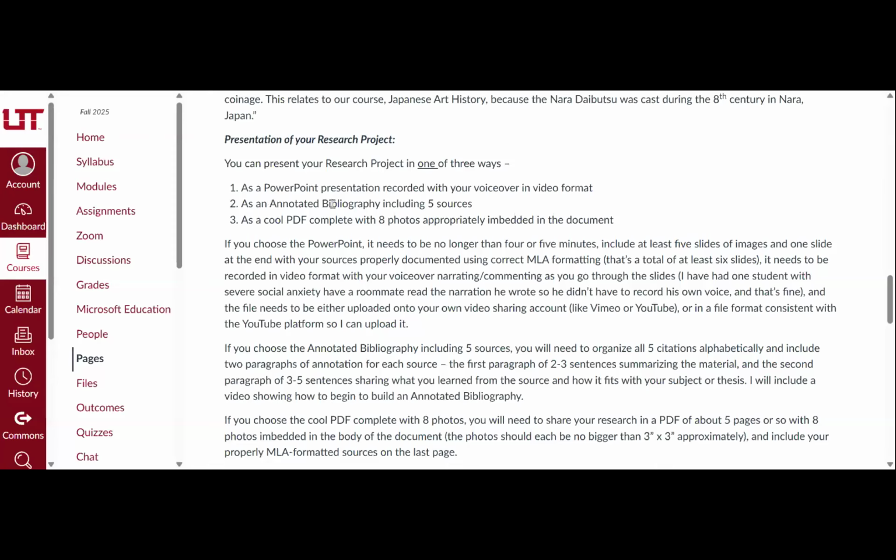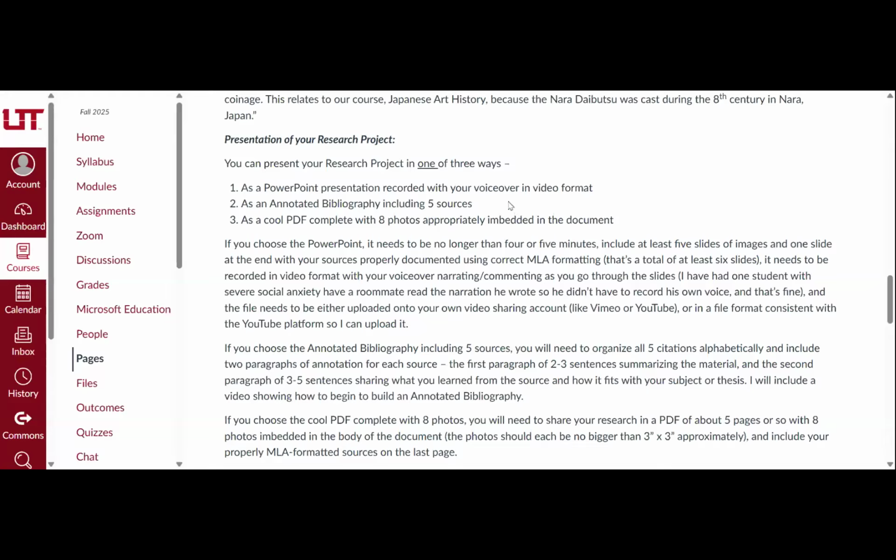Another one is an annotated bibliography, including 5 sources. Almost everybody who's done that has done a really good job. You do not need a separate section that says sources cited, because you're citing all your sources in the annotated bibliography itself. Again, it has to be alphabetically arranged.